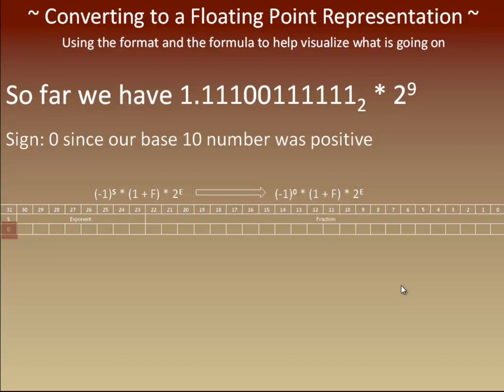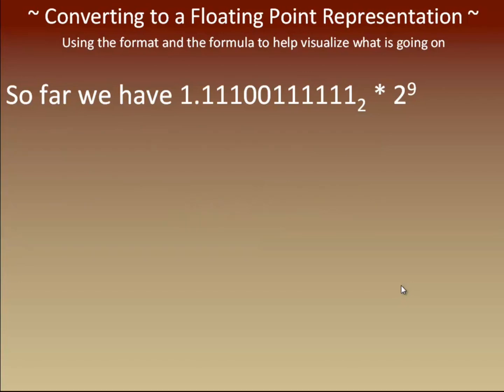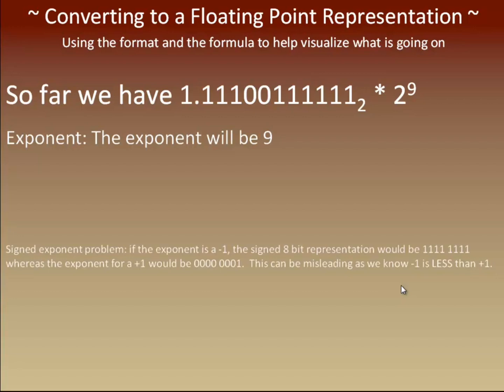When we converted 975.75 base 10 to our binary number, we're going to only use part of this number as the fraction. I'll explain that in just a moment. But let's concentrate on the exponent. The exponent is a little different because we can't just plug in the number 9 into the bits representing the exponent. If we used a signed integer for the 8 bits representing the exponent, then negative exponents would actually look larger than positive exponents.